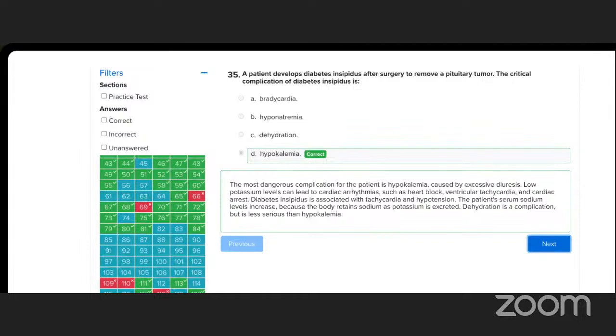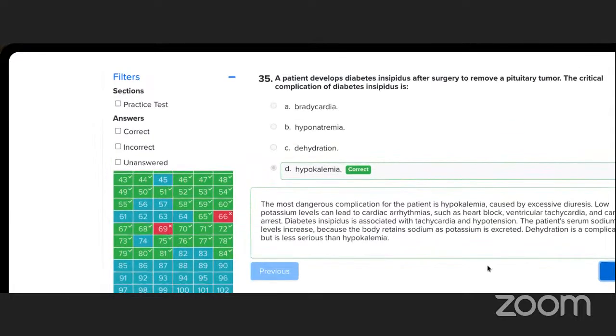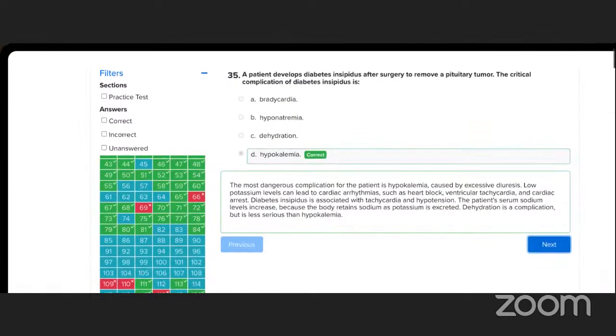A patient developed diabetes insipidus after surgery to remove a pituitary tumor. The critical complication is low potassium, the most dangerous complication, caused by excessive diuresis.